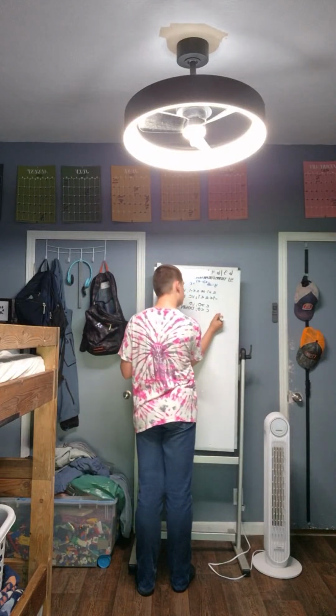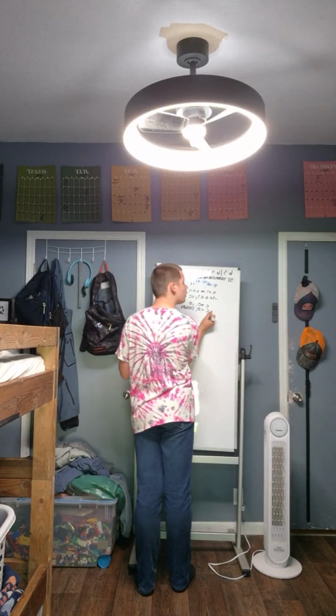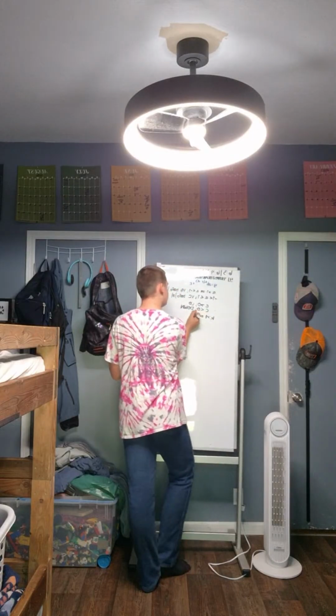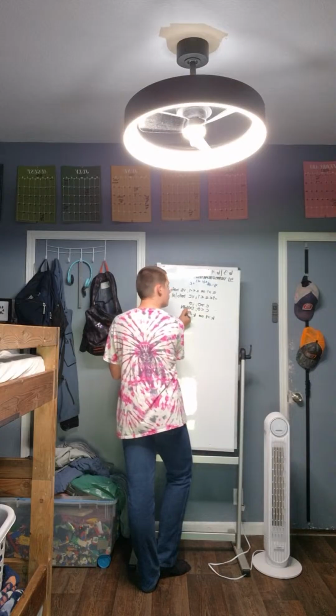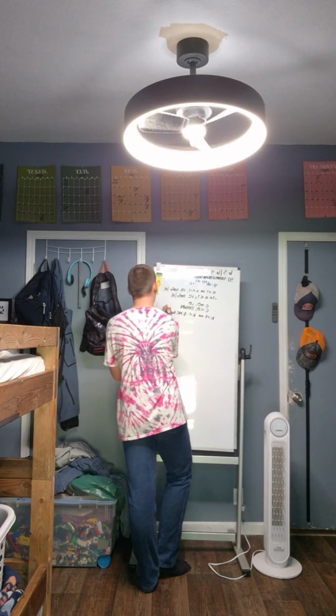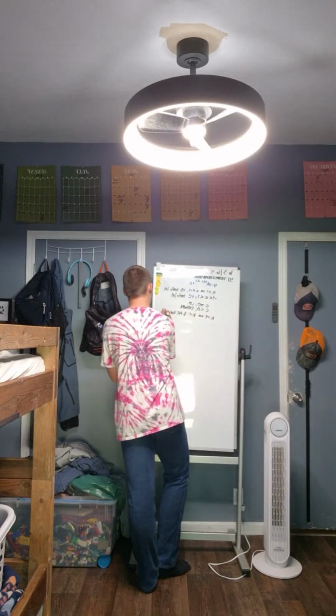Okay, if k is greater than 1, or k is less than negative 1, it has a horizontal stretch by 1 divided by absolute value of k.